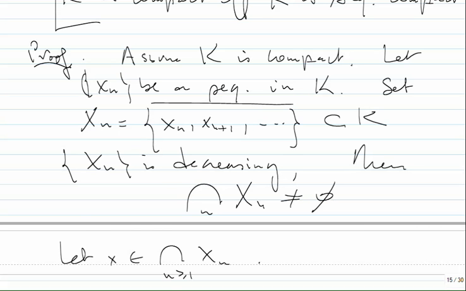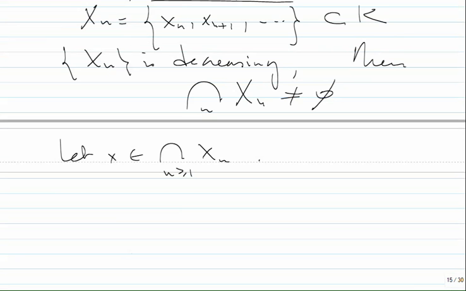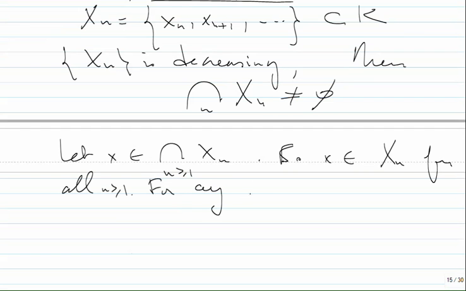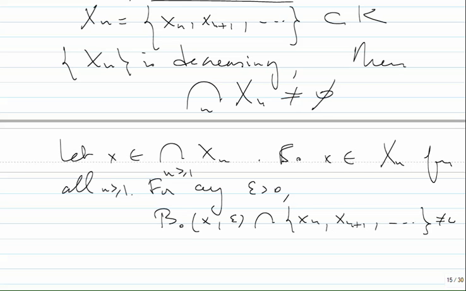Okay. Clearly, x belongs to Xn for all n. And since Xn is the closure of the set, then for any epsilon positive, the open ball centered in x intersect xn, xn plus 1, etc. is not empty.